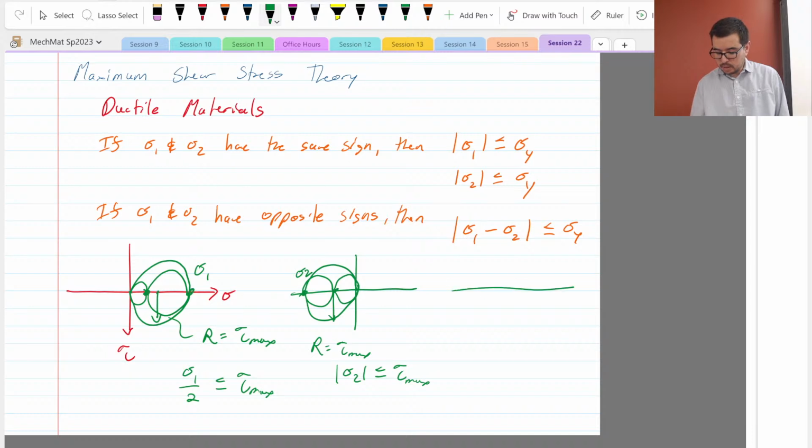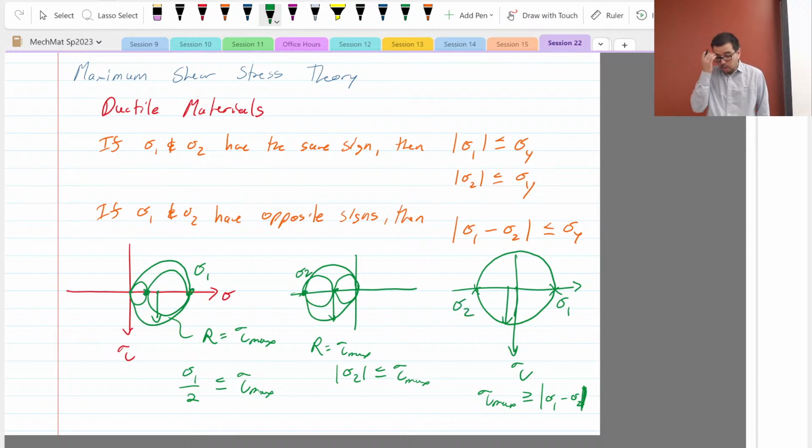And in this case, when they're on opposite sides, the center doesn't have to be there, but tau max needs to be greater than the difference between sigma 1 and sigma 2, like that.